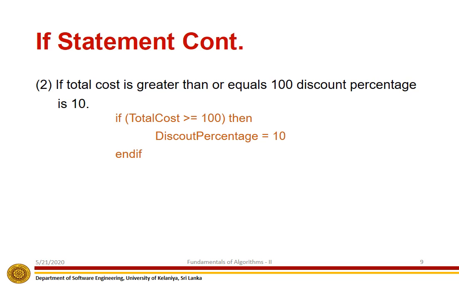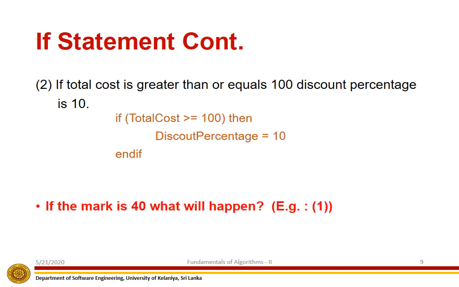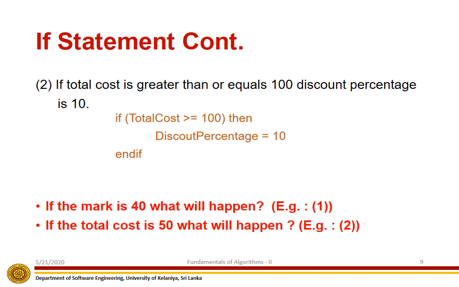I think you all have got an idea how to include if conditions under procedure. Now think, according to the first example, what will happen if the mark is 40? And according to the second example, what will happen if the total cost is 50?